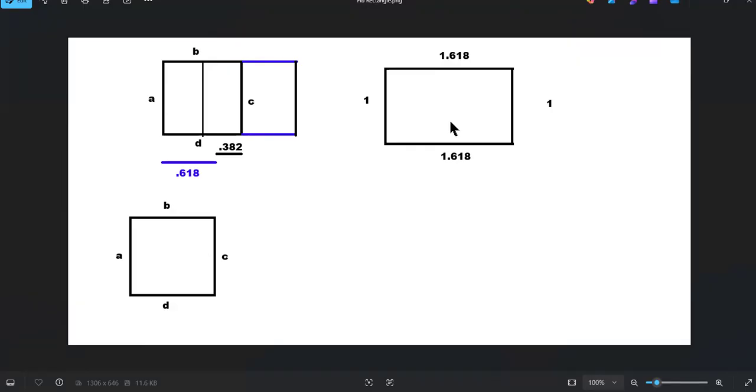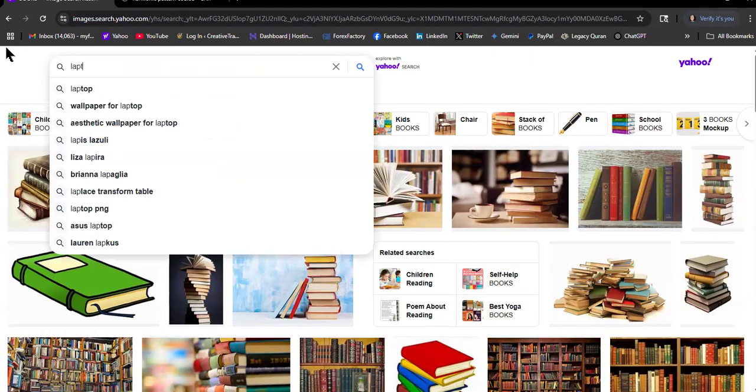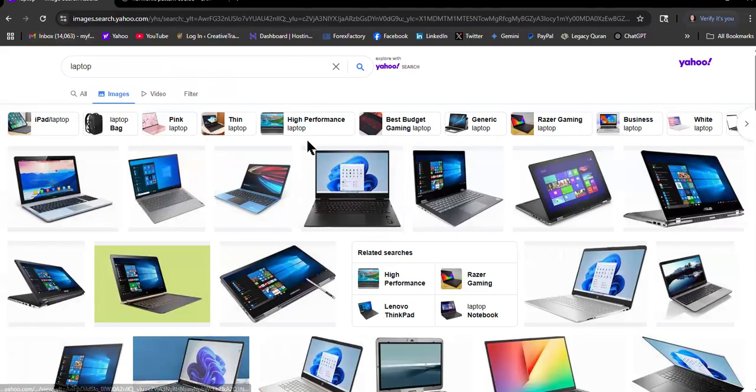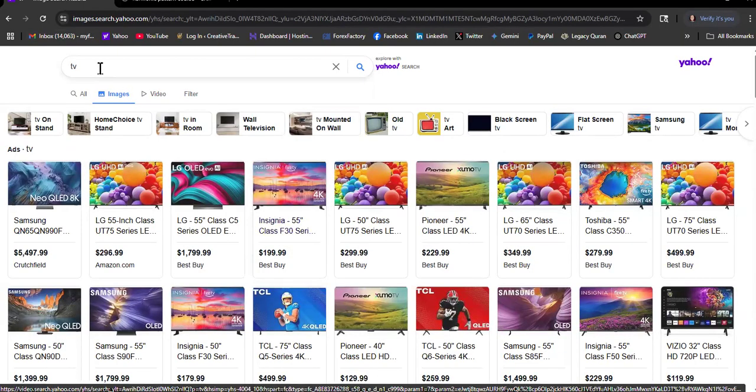But what is the beauty of this rectangle? Well, 90% of the things around us in our daily life are rectangles. For example, just to show you a few, books. What is this? Rectangle, right? The thing that I'm working on is called a laptop, right? What shape is that? Exactly, rectangle. TV, rectangle, right?